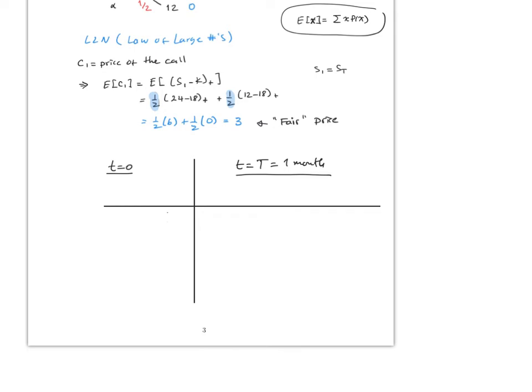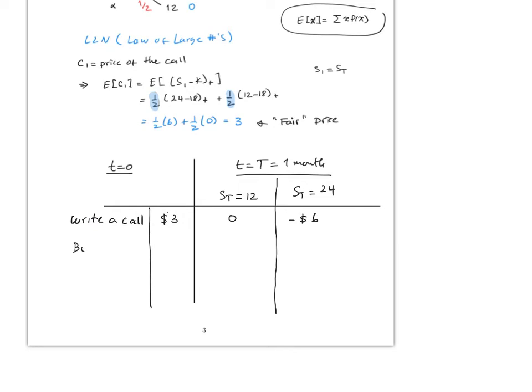So first write a call. So right now you will get $3 from them. And then at t equals 1, you have two choices. Either St will be 12 or St will be 24. So if you write a call and St is 12, then this value will be 0, and this one will be minus $6 for you.